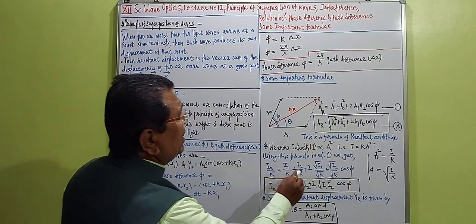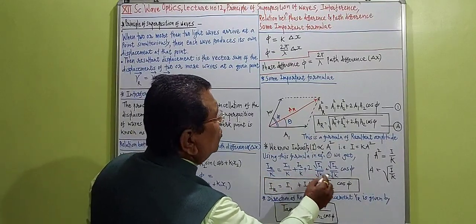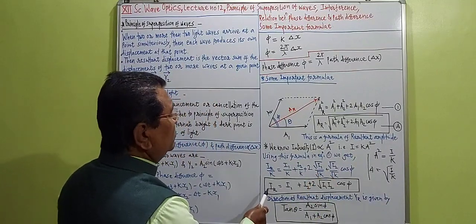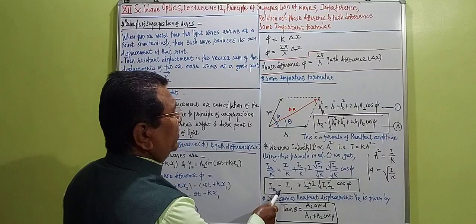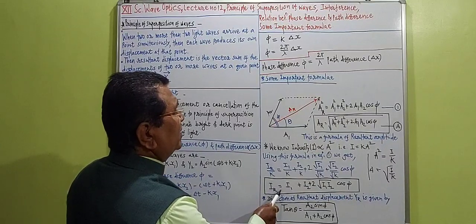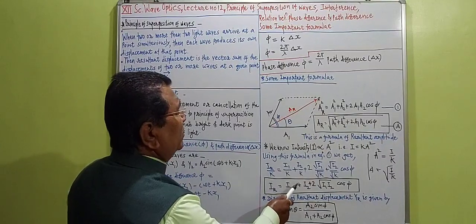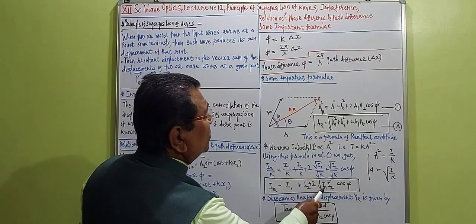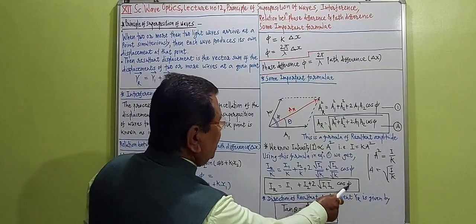So root K and root K becomes K, this gets cancelled, and you get IR is equal to I1 plus I2 plus 2 root of I1 I2 cos phi.